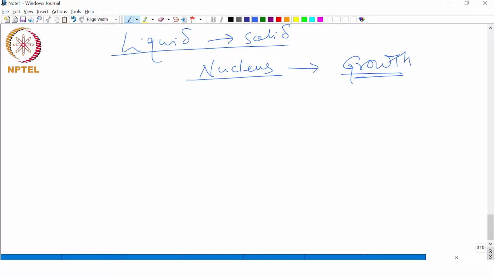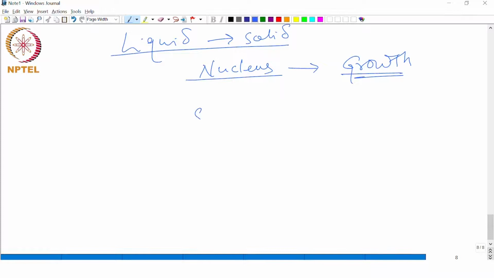So, whether this nucleus will be stable or not depends on two different kinds of energies. First of all, when you are forming a solid particle, you are actually creating a new surface, right.